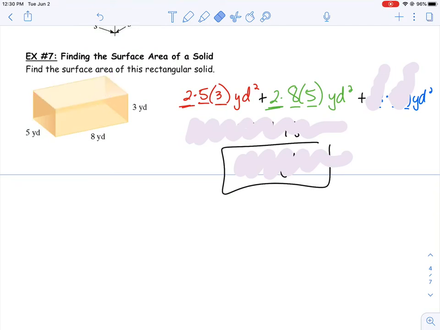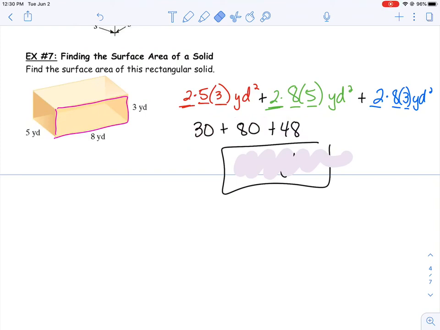Don't I also though have, can I call it, a front and a back? Isn't that right here? Also a rectangle that has a length of 8 and a height of 3 this time. There's a front and a back. There's two of them. So I should be able to say 2 times 8x3s, right? 2 8x3s. I'm going to multiply all these little numbers together, making sure you follow the correct order of operations.